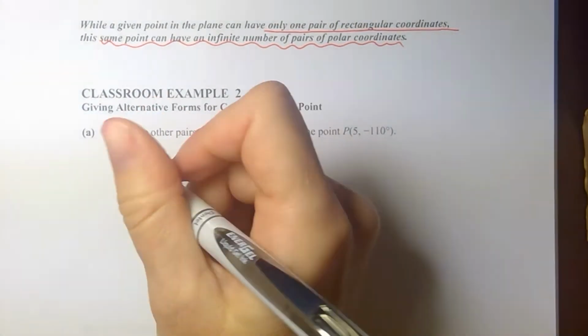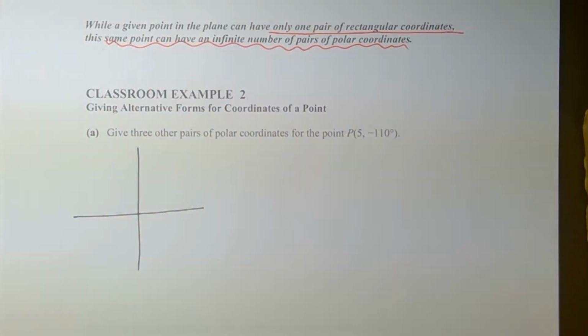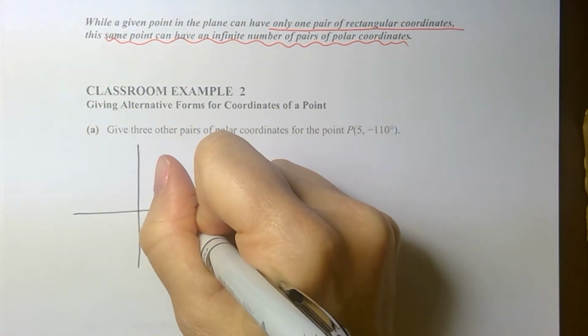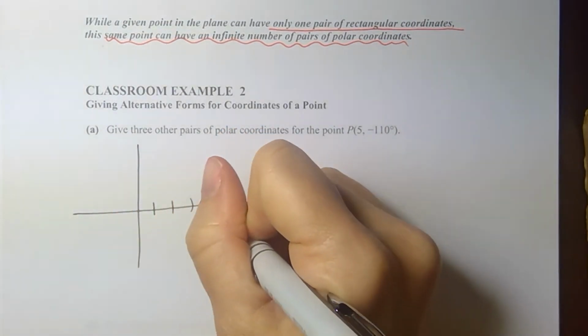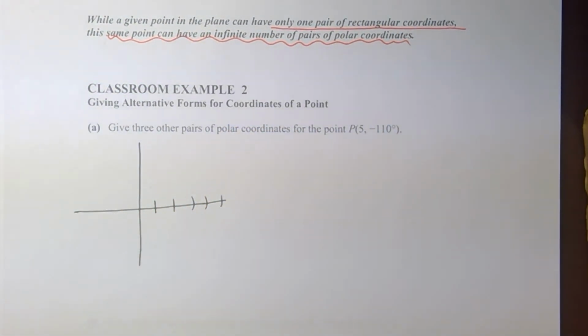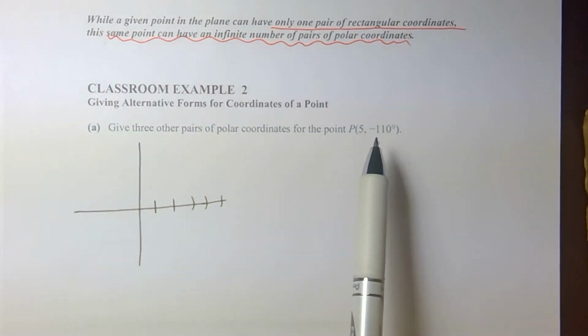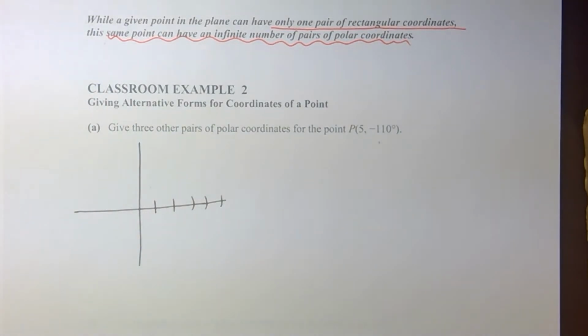Well, I want us to go ahead and think about graphing that point just so that we can practice. You can draw your bullseye, those concentric circles of the polar graph if you want to. I'm just going to mark out where we would have, I need to go out 5, 1, 2, 3, 4, 5 units. Negative 110 degrees, where would that be?